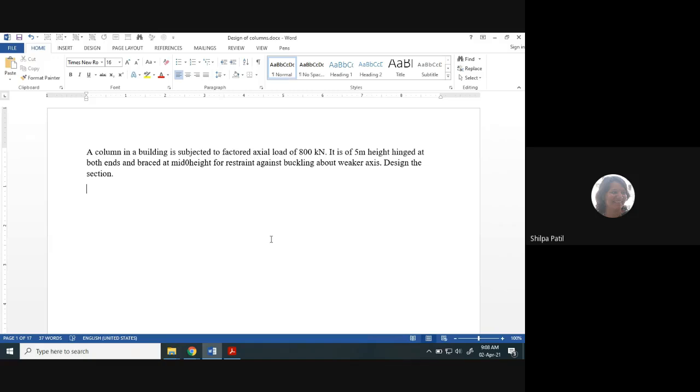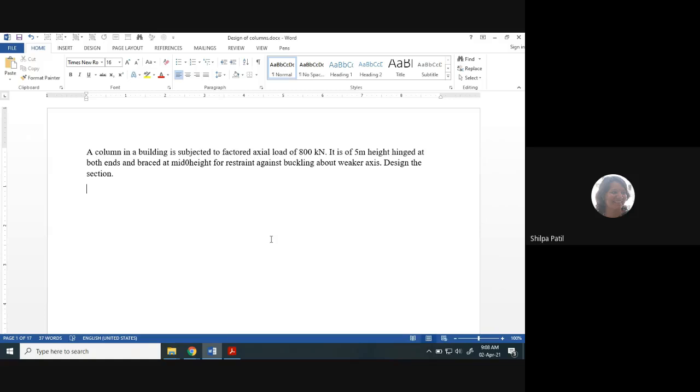Now many times, instead of designing the section, the problem may ask you to find the capacity of a section. In that case, the section will be given in the problem statement, and the load acting on the section is also given. So if the section is already given, you are only supposed to calculate FCD directly.